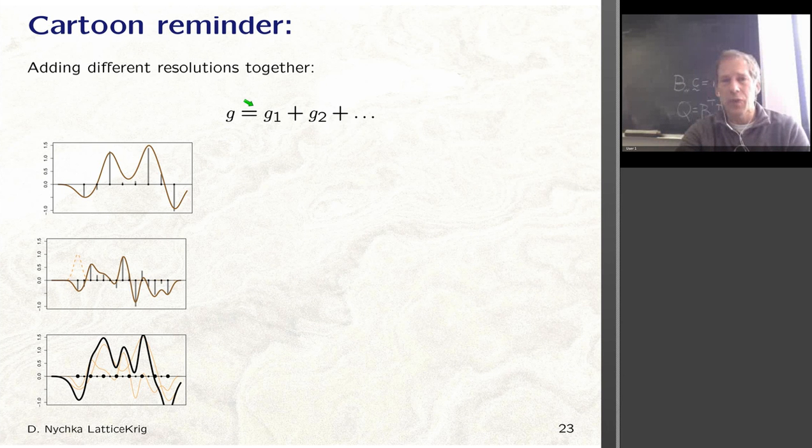And I'm going to prescribe that they're independent, and I'm just going to add them up. Whether the lattice points line up or not, if these are all reasonable processes, when I add them up, I'll essentially be adding up their covariance functions. Mischief, but not in this one. And I can't imagine the R coding I would have to do if I had to avoid lattice points at different levels. It's hard enough just keeping track of them the way they are.